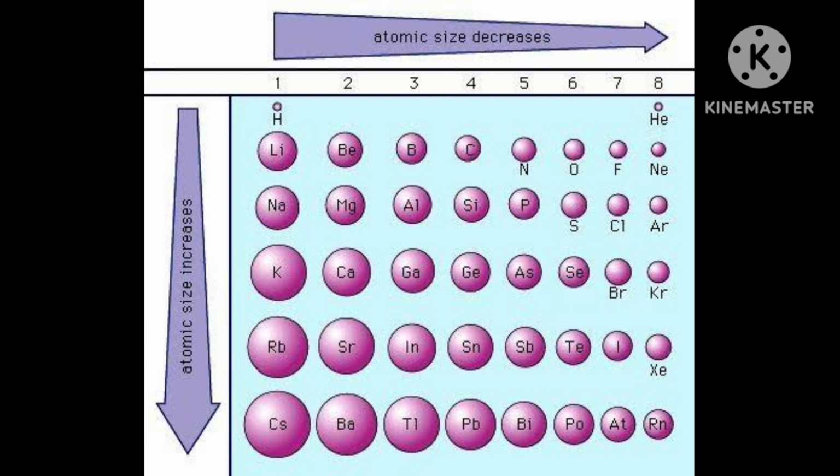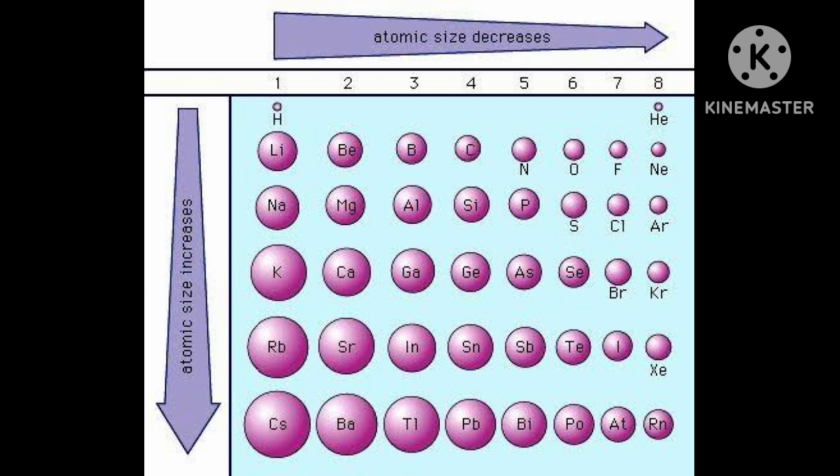Hence 4 other oxidation states are possible: +5, +3, +1, -1. And 18, that is helium.